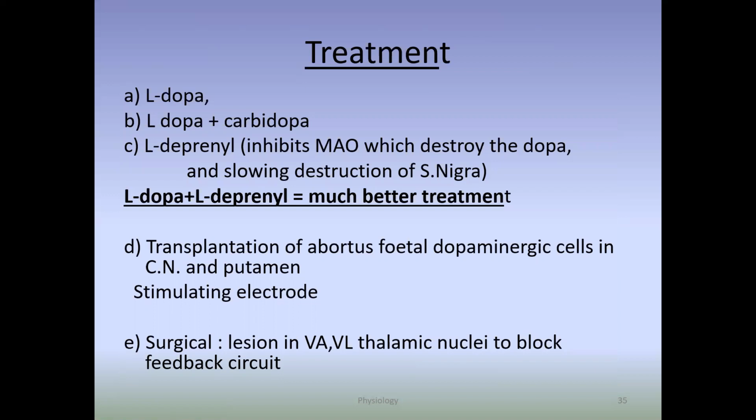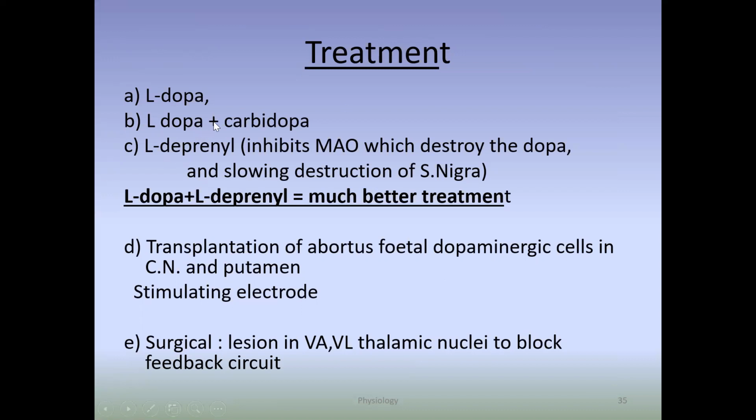Treatment: as there is damage to the substantia nigra, which secretes dopamine, the treatment is dopamine. The L-dopa, levodopa. When you give L-dopa, that drug is converted into dopamine in the brain. L-dopa crosses the blood-brain barrier and is converted into dopamine.